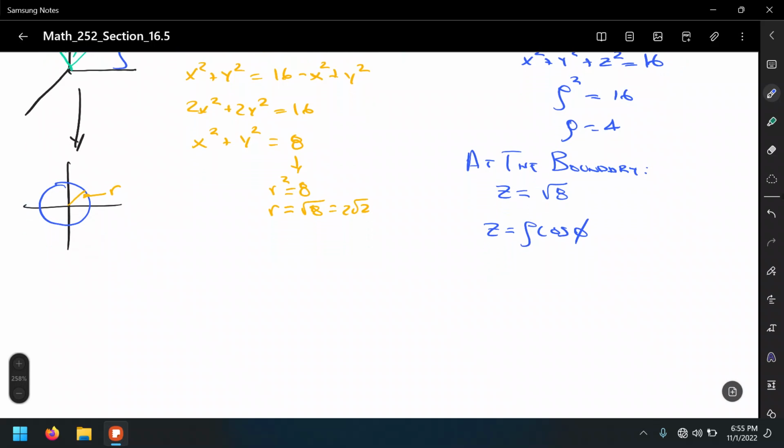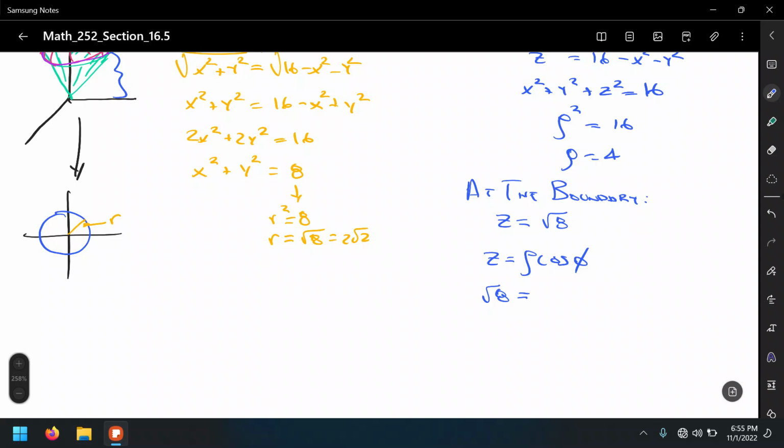That means z, which is the square root of 8, and rho, which is the radius of the sphere. Careful, remember that there are really two radii involved when it comes to describing a sphere: the radius r, which is located in the projection onto the xy plane, and rho, which is the radius of the sphere in 3D.